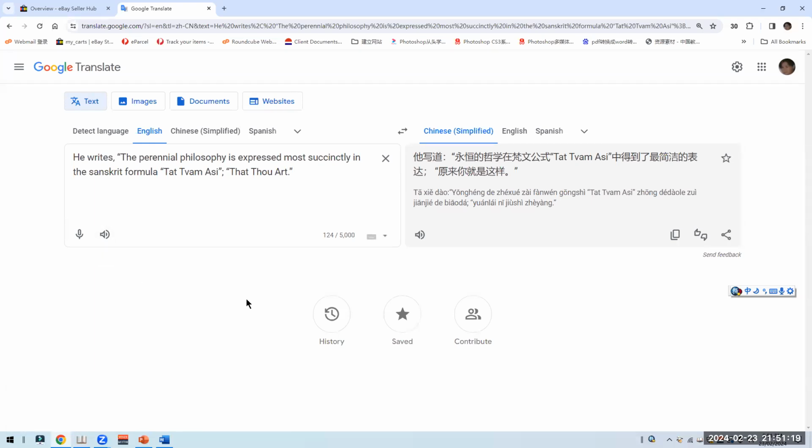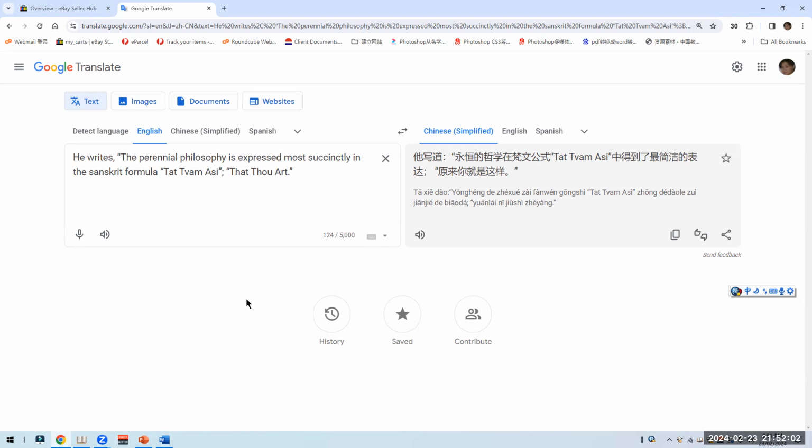He writes the perennial philosophy is expressed most succinctly in the Sanskrit formula tat tvam asi, that thou art.